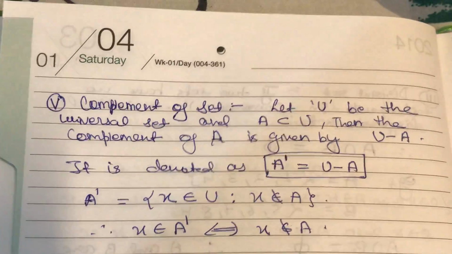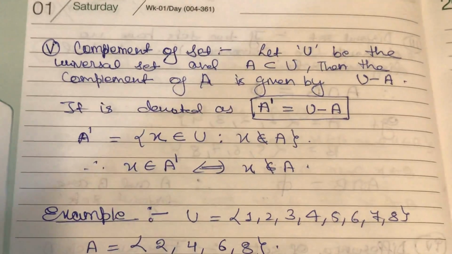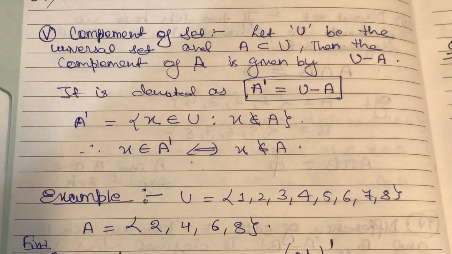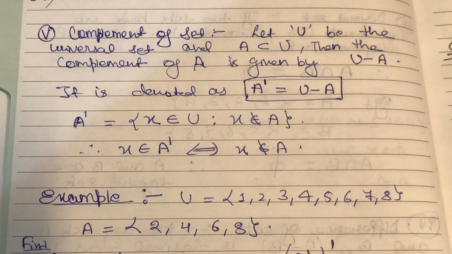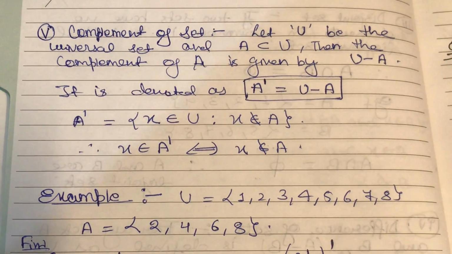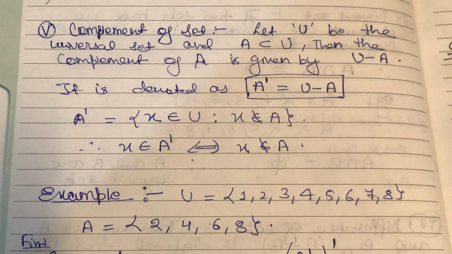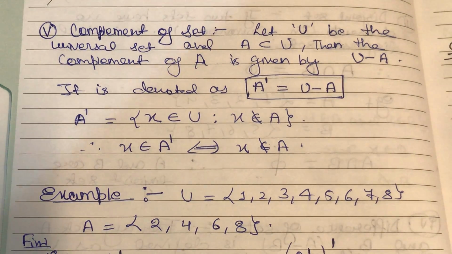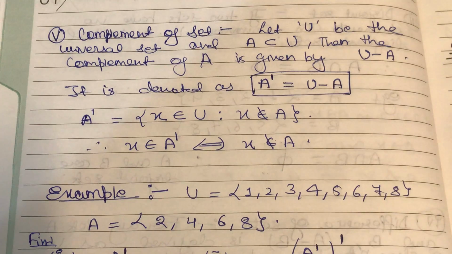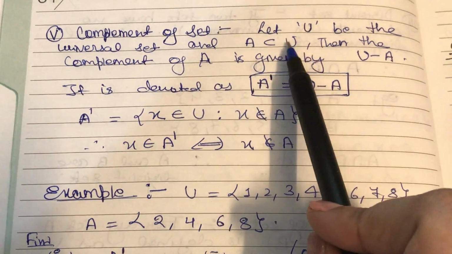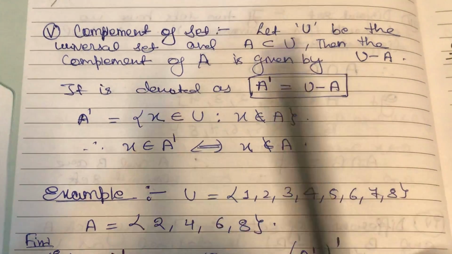The next is complement of a set. Now let U be the universal set. You must have studied about the universal set, right? Every set comes under the universal set. It is represented by U, which we have been studying since grade 6th.